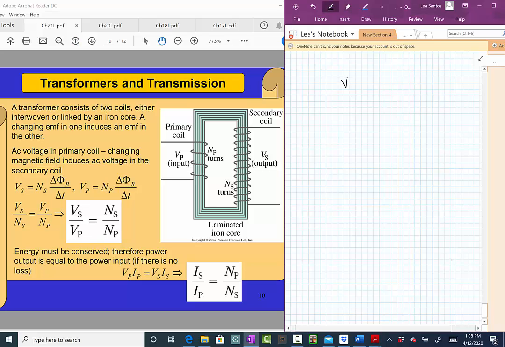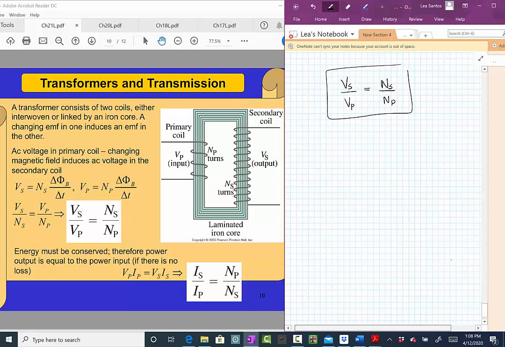The ratio between the voltage in the secondary over the voltage in the primary is the number of turns in the secondary over the number of turns in the primary. And so the voltage is directly proportional to the number of turns, with secondary on top for both sides of the equation.